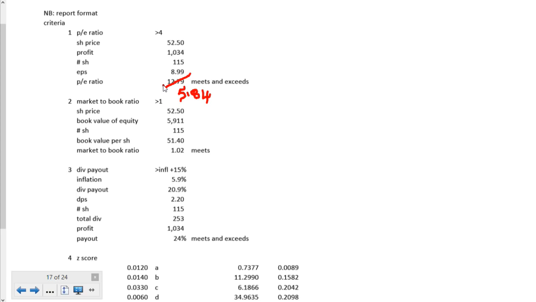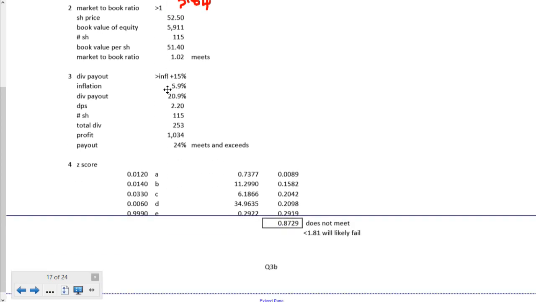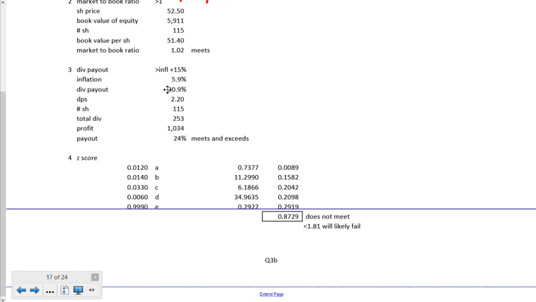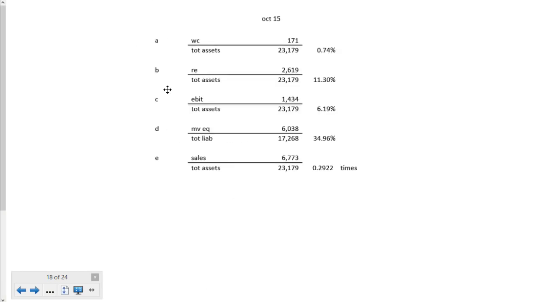So the market value per share. To calculate the market to book ratio, you take the market value divided by book value, per share. The first one is 5911 divided by 115, which gives you 51.4.